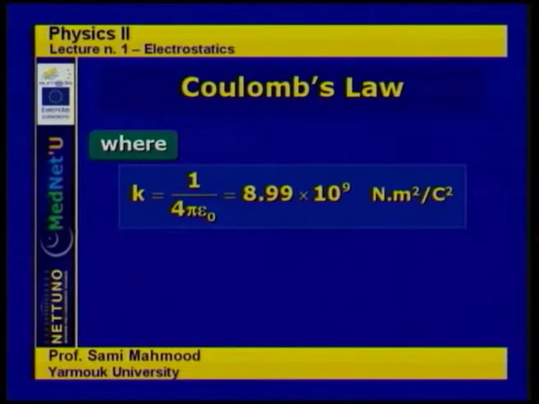And the proportionality constant that appears in this inverse square law, K, is simply 1 over 4 pi epsilon naught, which is equal in magnitude to 8.99 times 10 to the power 9 Newton meter squared per Coulomb squared.